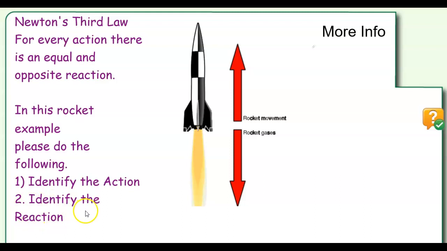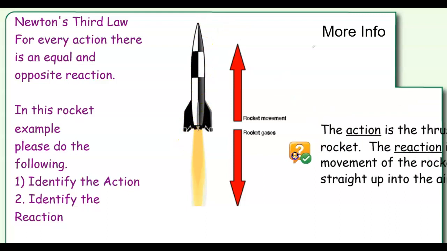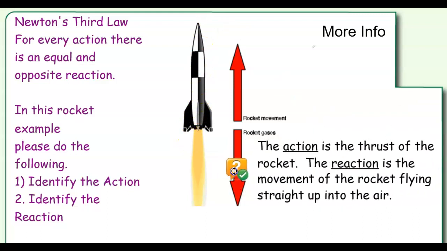Identify the reaction. The gases push against the ground, so the rocket then moves up. So the action is the thrust of the rocket. The reaction is the movement of the rocket flying straight up in the air.